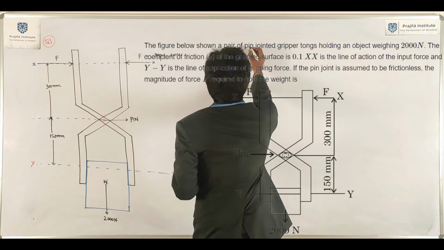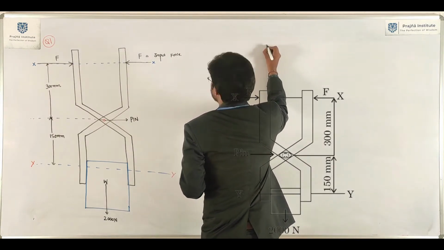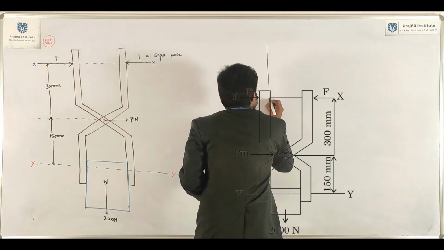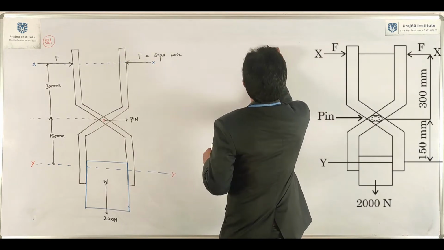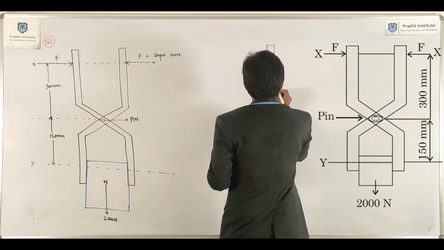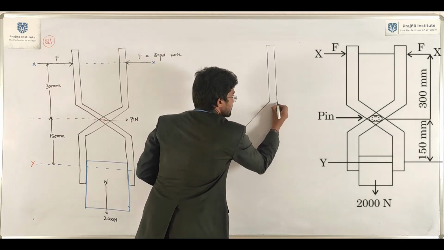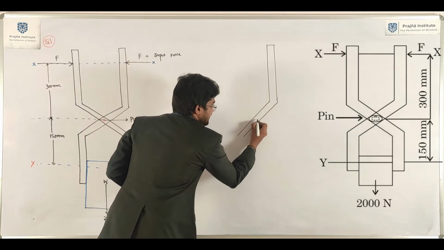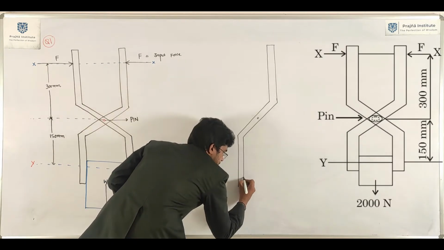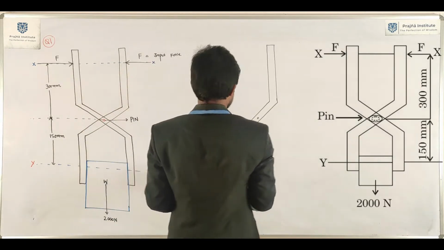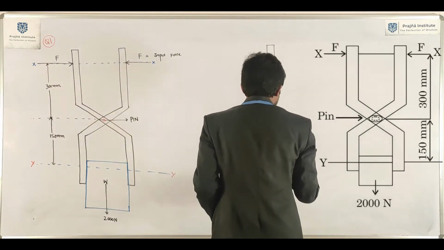Now, see here. Free body diagram for the gripper. Just draw this figure. It is a pin, and this particular thing is the weight.